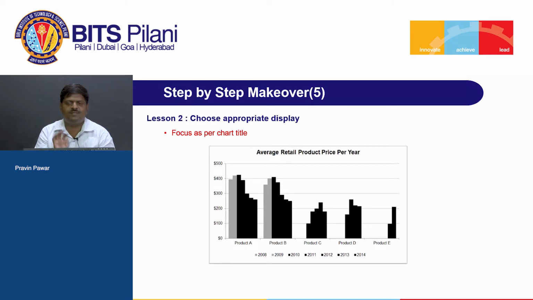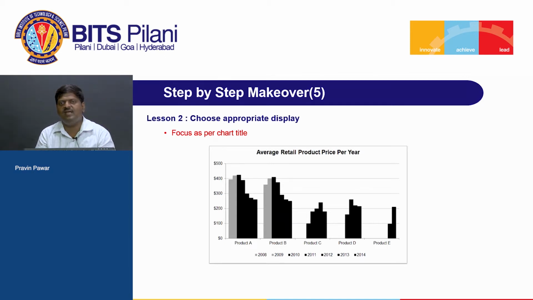Because the launch of product C has triggered some change, right? So I should put enough emphasis on the average prices recorded in or after 2012, because the three new products were launched after 2010. And along with that, I need to take into consideration the prices of the existing products.